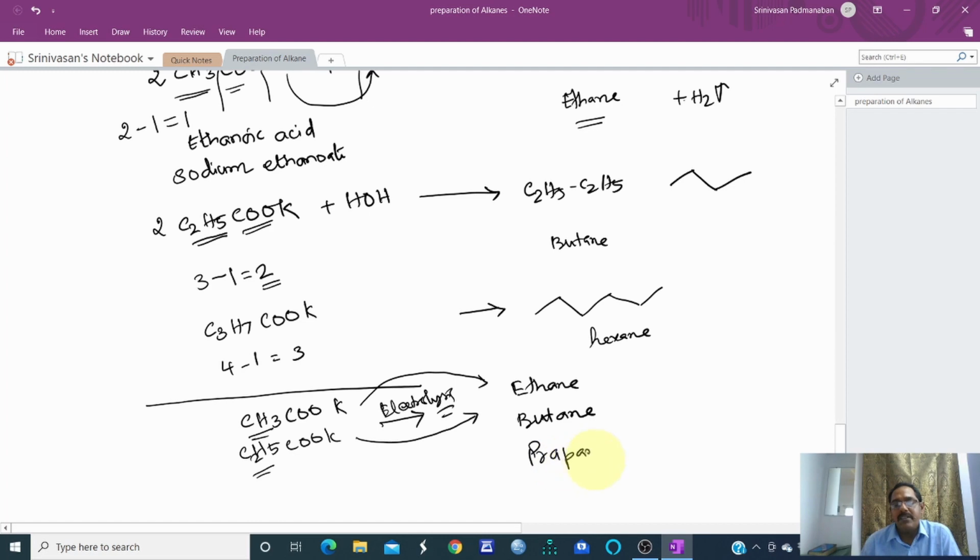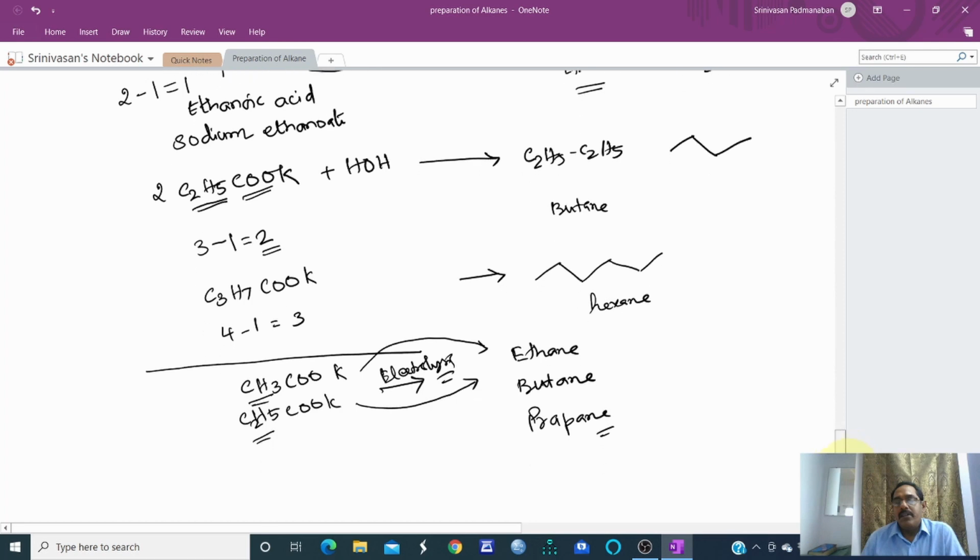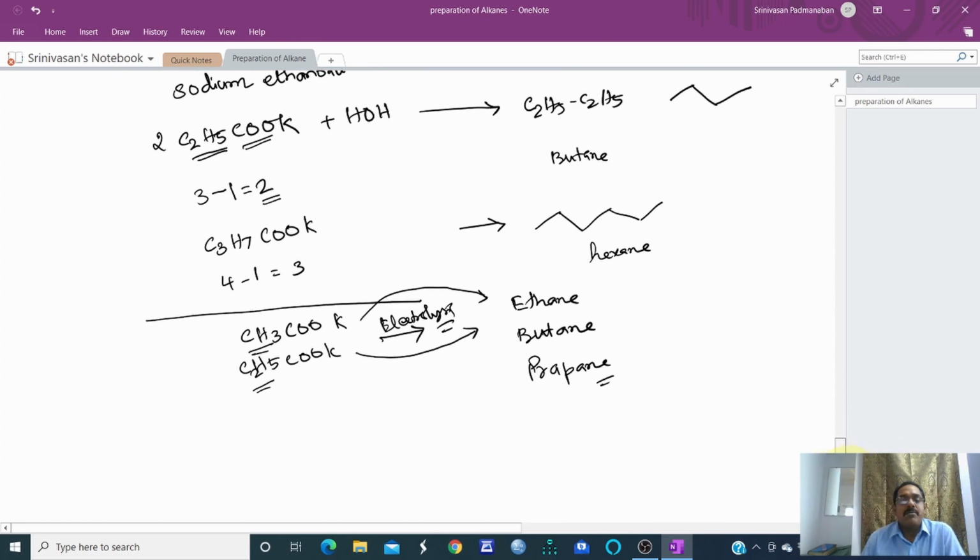So all three will be formed as a mixture. Therefore it is worthless to prepare a mixture because we have to separate again. Therefore it is wise to take only one, not two different potassium salts of carboxylic acids.